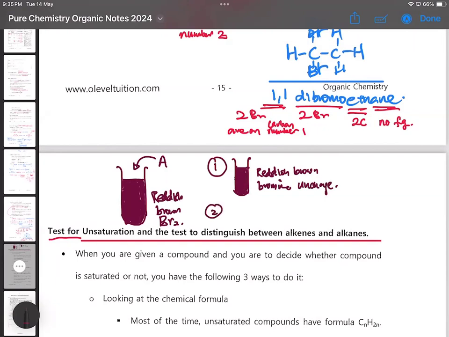You can have scenario 2. It turns colorless. So we'll say reddish brown bromine decolorized. So when this occurs, whether it is reddish brown or decolorized, what's the outcome? So the outcome will be this.